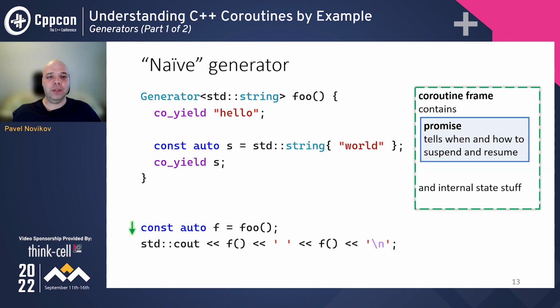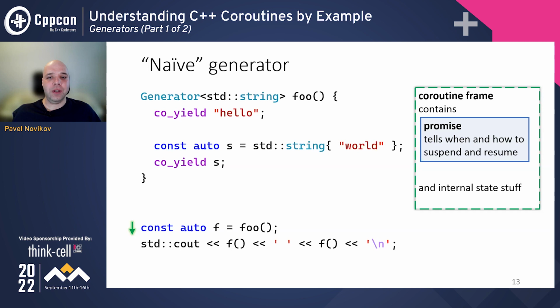A promise is an instance of the promise type that we can customize to instruct the coroutine backend what to do, when to suspend, when to not suspend, how to yield values, and so on. And apart from the promise type, the coroutine frame contains all other internal needed stuff like the current state, at which point we suspended, and local variables and whatnot.